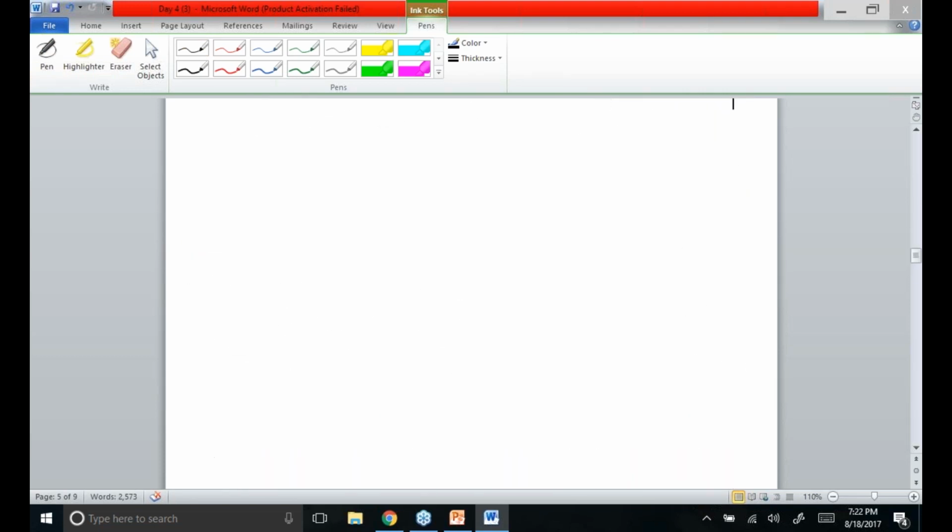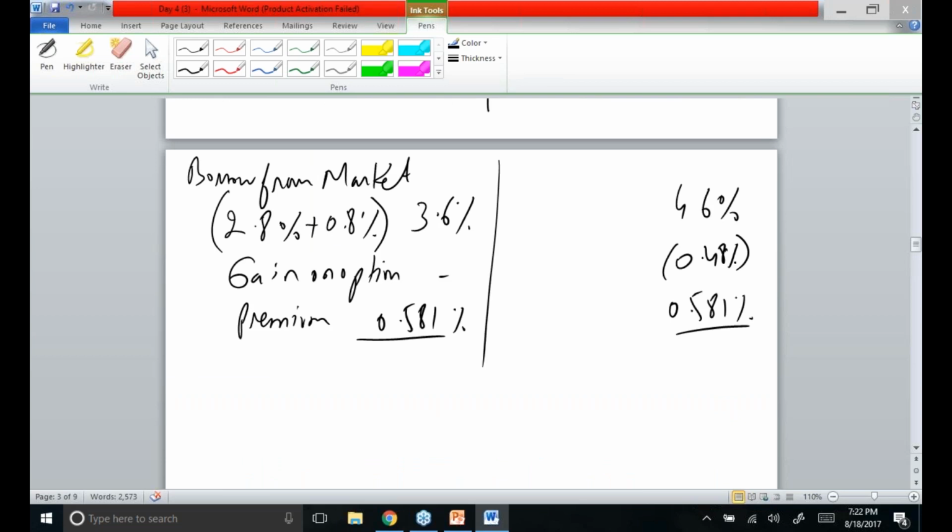Total cost 4.181%. Total cost for this case is 4.701%.